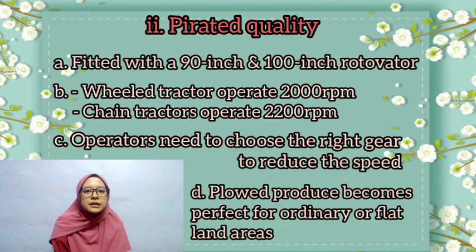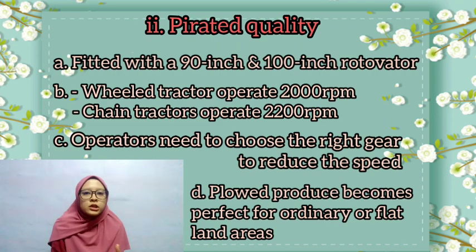The second part is plow quality. This chain tractor is usually fitted with a 90-inch or 100-inch rotavator aimed at matching the width of the tractor.